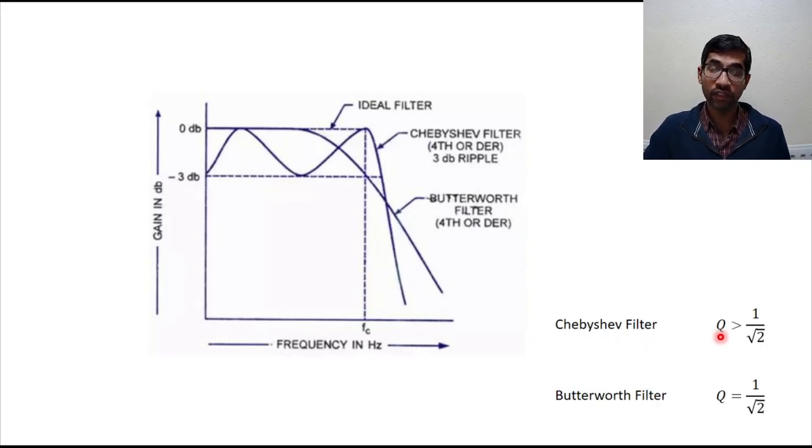For a Chebyshev filter, the quality factor is greater than 0.07. Okay. And for a Butterworth filter, I've done something wrong here. This should be less than. So the Q is less than 1 over square root 2. So if you have this, you get a Butterworth filter. And if you have this condition, you get a Chebyshev filter. Hope that makes sense.